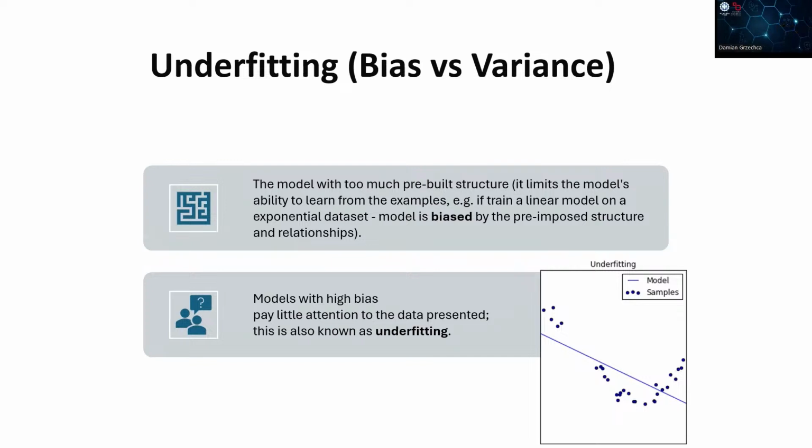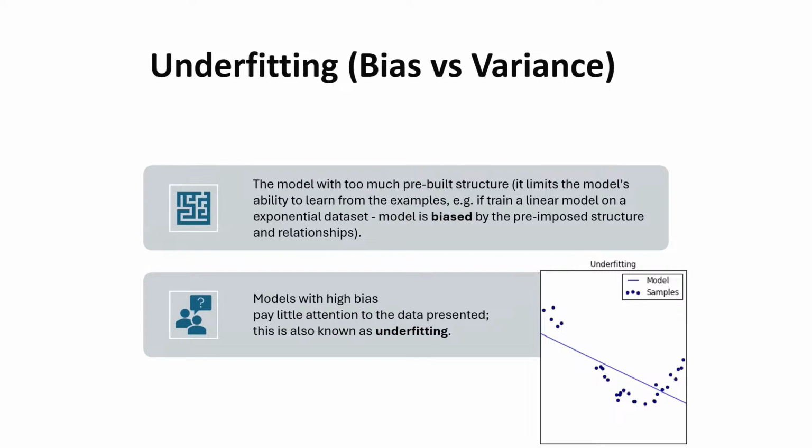So we cannot just use a model with the structure of a linear function, because the data set at the input is normally of exponential form. It's impossible to learn a linear model using exponential data. We have to adjust the model, use another model to have a better one.